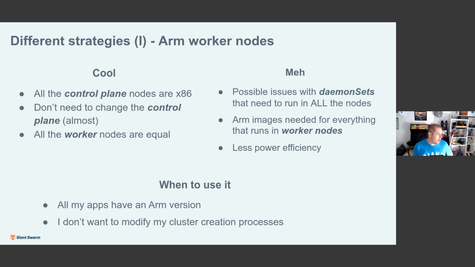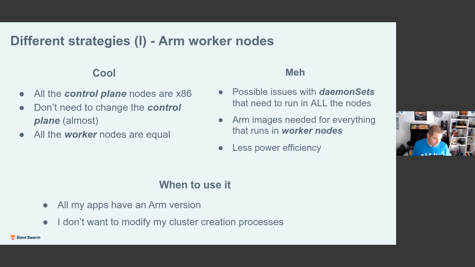Many people have different systems to spawn clusters to add them to your infrastructure, and this allows you to change very few things and still work. And all the worker nodes are equal. This is important because in Kubernetes you usually don't need to say in which node you want the application to run. Kubernetes will do that itself. And if the nodes are equal, it's easier for the system to schedule everything.